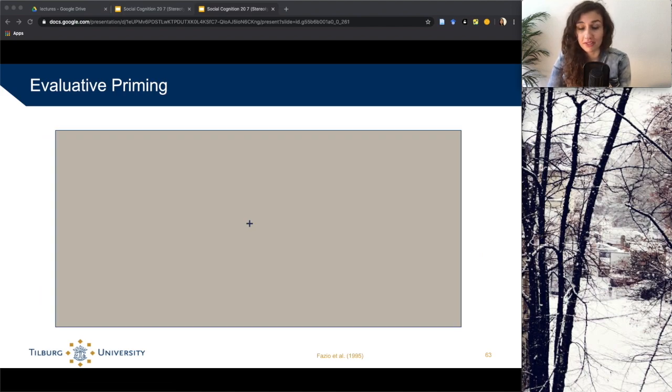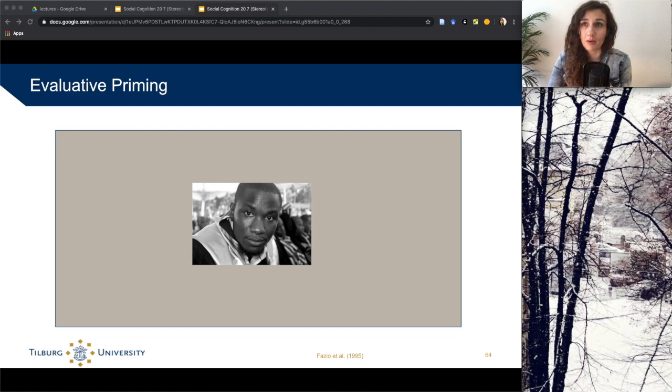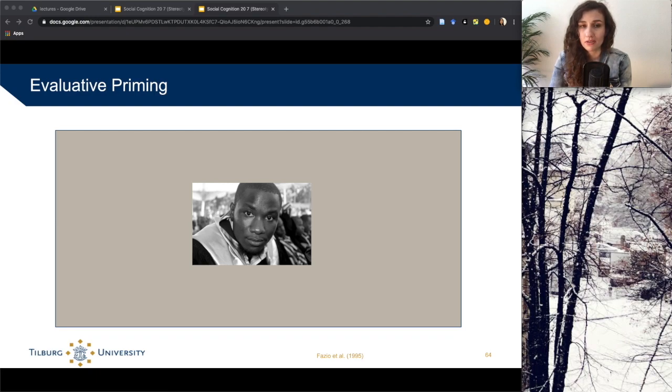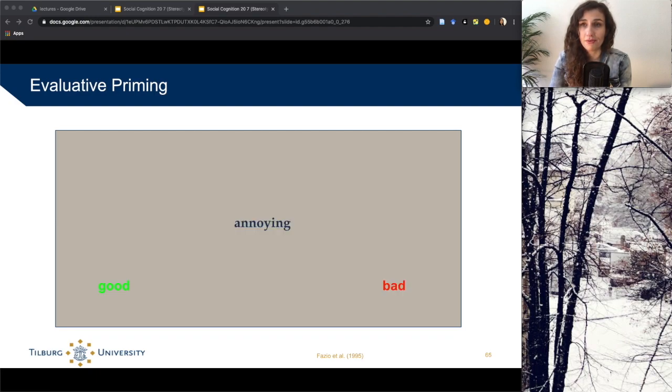So let's take a look at another example, a new trial of our evaluative priming mini experiment. If I prime you with the picture of a black person and then ask you to assess if the word annoying is good or bad, does the evaluation of the prime match that of our target?